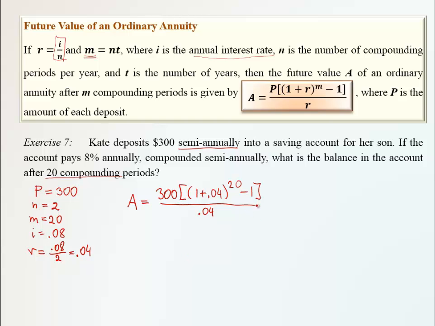And the rest is using your calculator. Again, please watch all the brackets. You should end up with 8,933 and 42 cents when rounded to the second place value. So this amount of money will be in her account after 10 years.